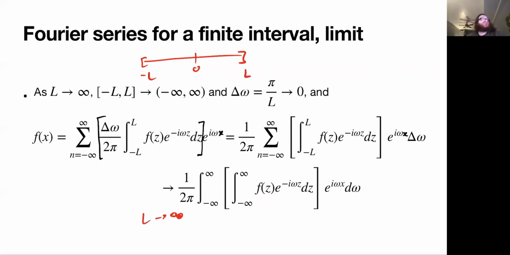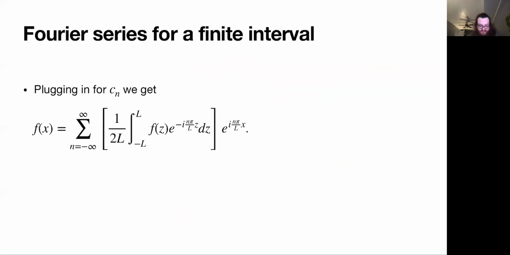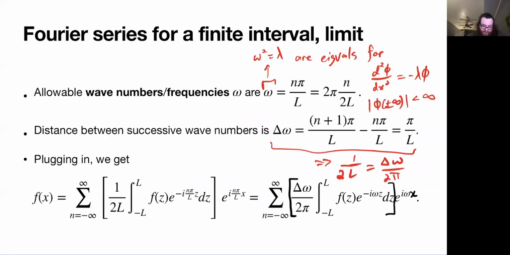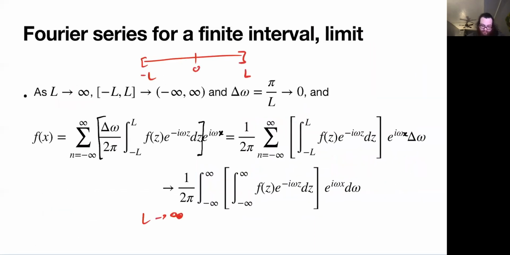Which is very similar to what we had before with the c sub n. It's just now we're integrating over the entire domain. And in some sense, the constant that we get out front, instead of a 1 over 2L, is now 1 over 2 pi. But anyways, okay. So that's that constant.